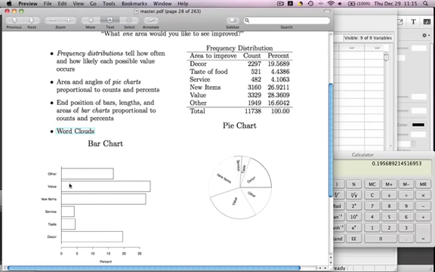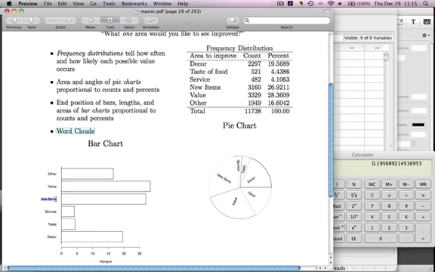In this case, you're seeing a horizontal bar chart. The answer is it doesn't really matter. I've chosen to use a horizontal bar chart because you get a little bit more space for your labels, whereas if this were a vertical bar chart, it's a little bit harder to show these labels, but it doesn't matter whether it's vertical or horizontal.